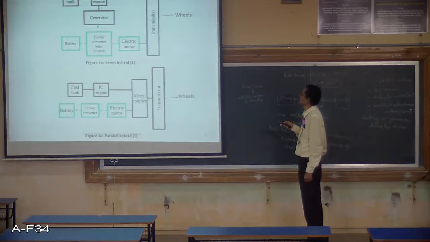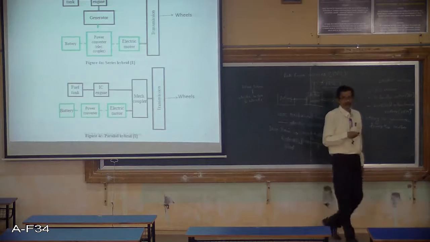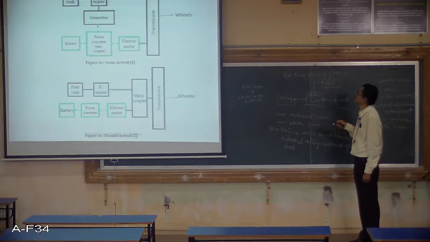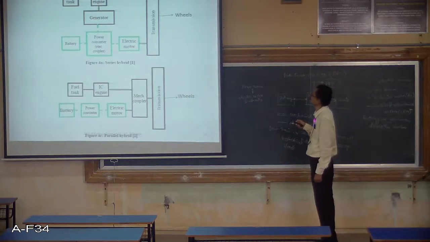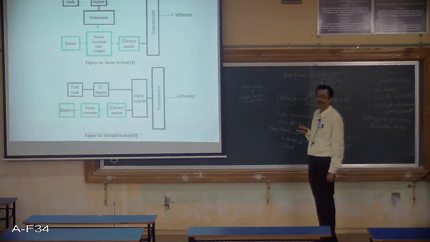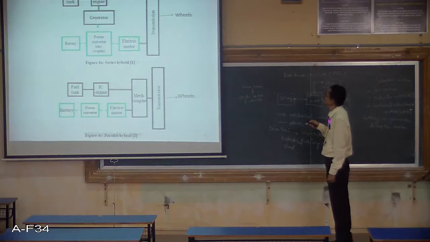The input voltage to the electric motor is to be controlled to control the speed of the motor. If you control the input voltage here, the speed of the electric motor will change, and that will change the speed of the wheels, and so the speed of the vehicle. So when you want to change the motor speed, you have to apply a variable voltage here.